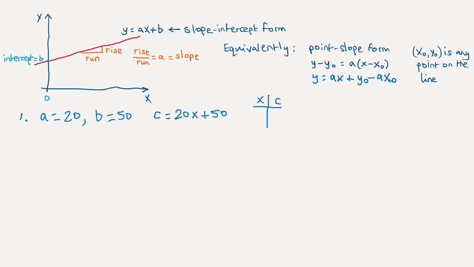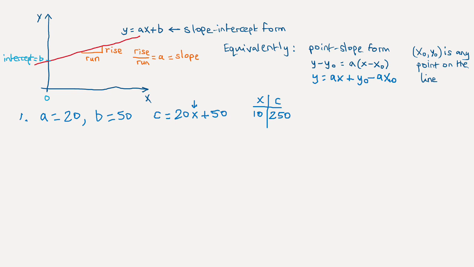So let's suppose our value of x is 10, then we can just plug in the value of 10 here, and we'd have 20 times 10, which is 200, and then plus 50, so we'd have 250 for our cost.